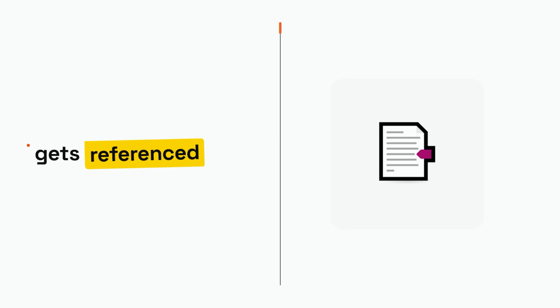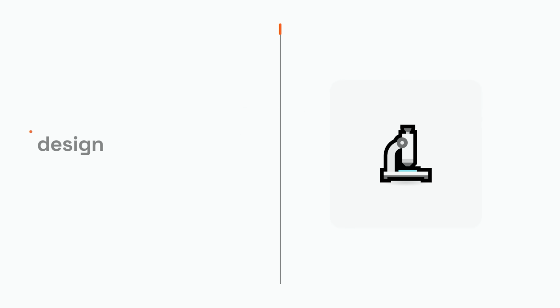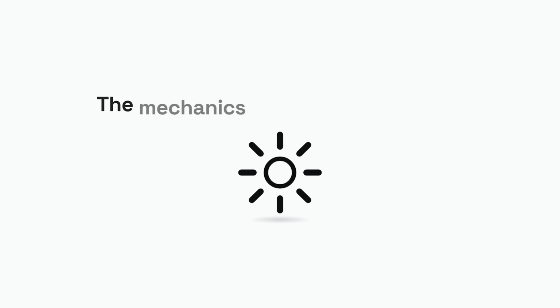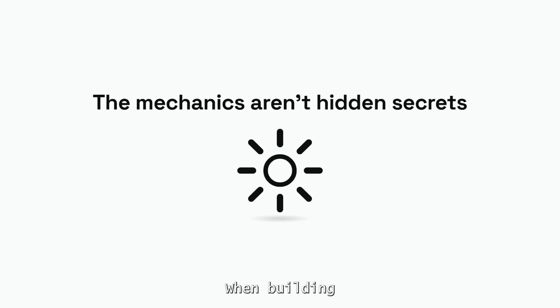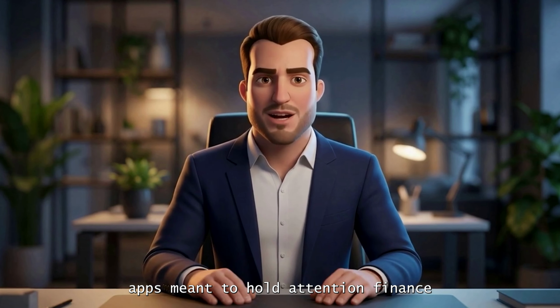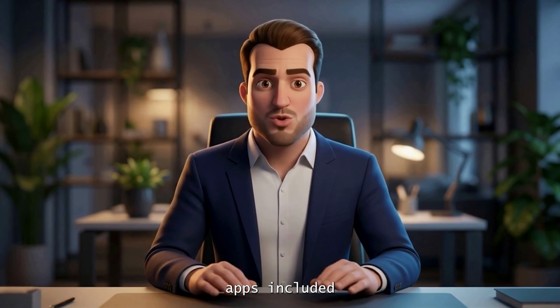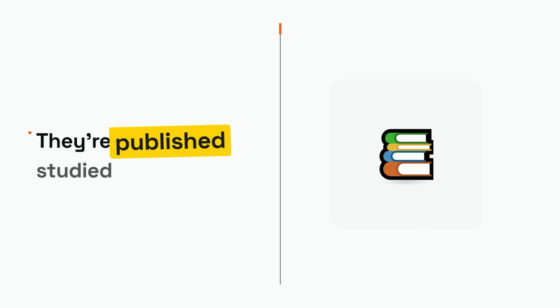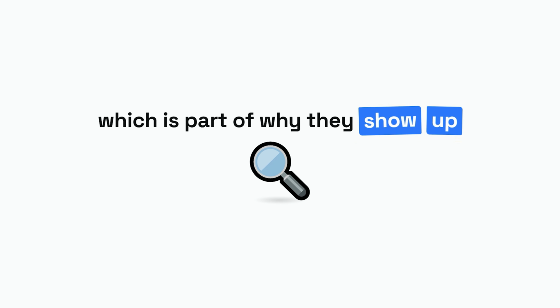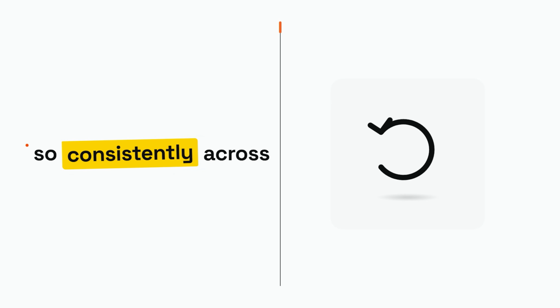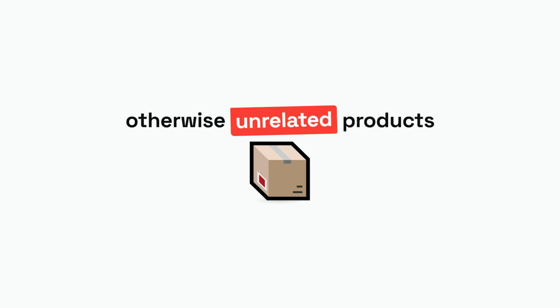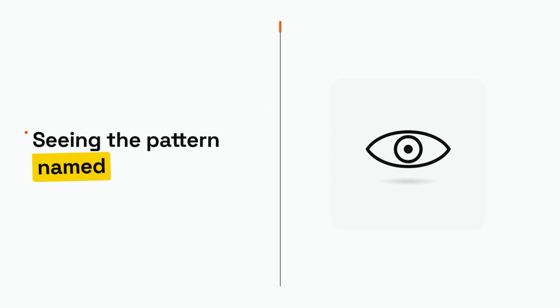That same body of research gets referenced directly inside product design and behavioral economics circles when building apps meant to hold attention, finance apps included. The mechanics aren't hidden secrets. They're published, studied, and taught, which is part of why they show up so consistently across otherwise unrelated products.